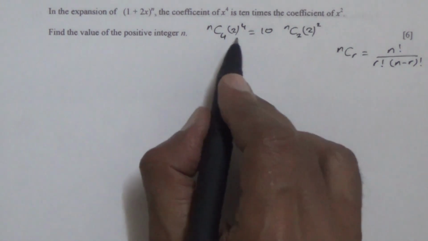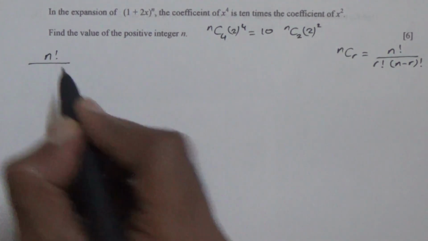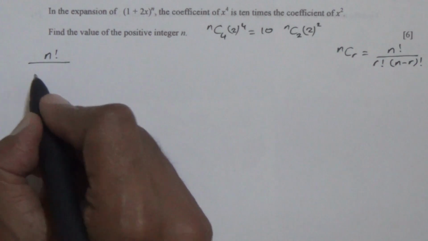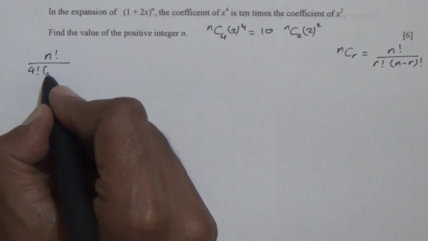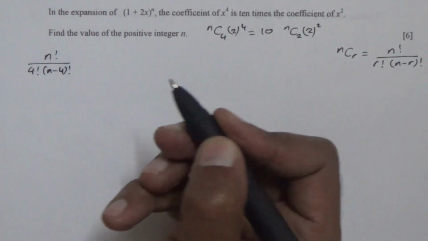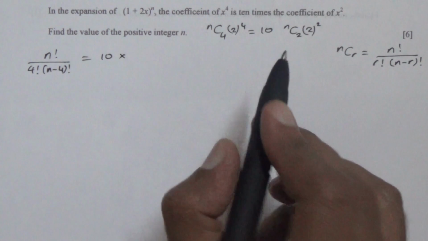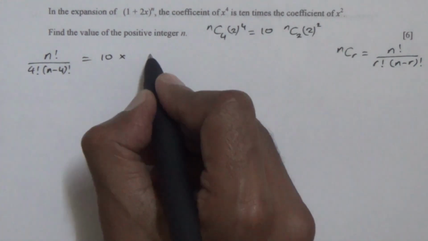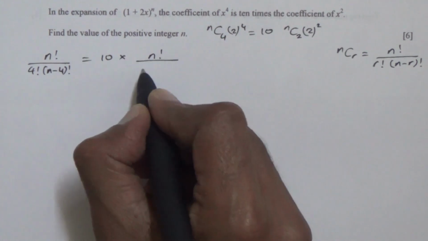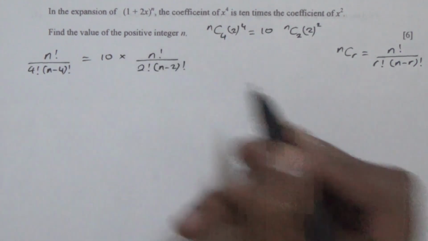It's going to be n factorial divided by 4 factorial, because r is 4, into n minus 4 factorial. And that is going to equal 10 times the coefficient of x squared, which is this: n factorial divided by 2 factorial into n minus 2 factorial.